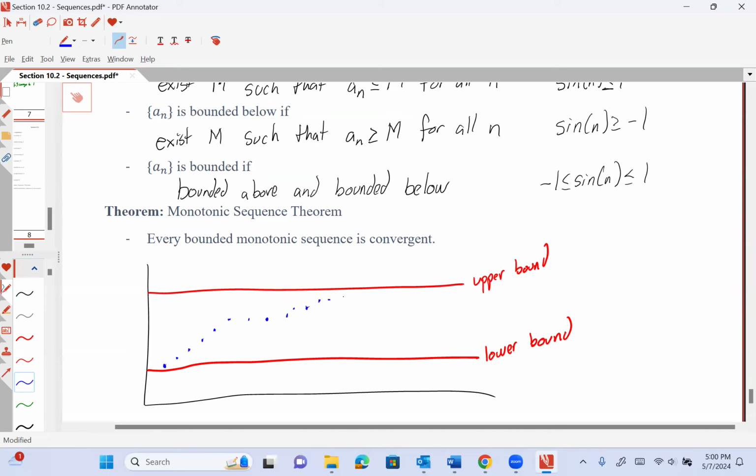But that upper bound means I can't go past that upper bound. And since I can't turn around, I am stuck at that upper bound. Therefore, since I'm stuck at that upper bound, I have a limit. Since my sequence has a limit, it is convergent.